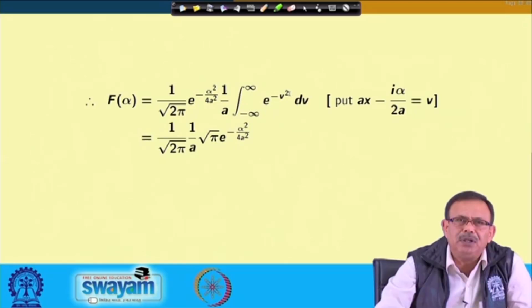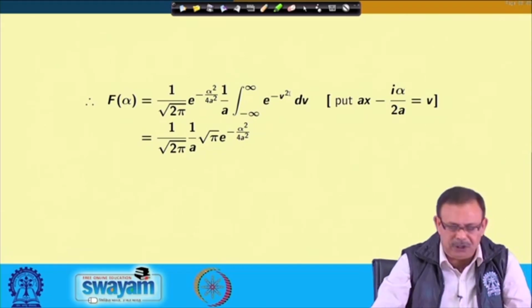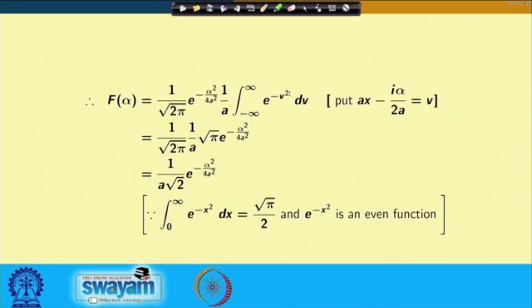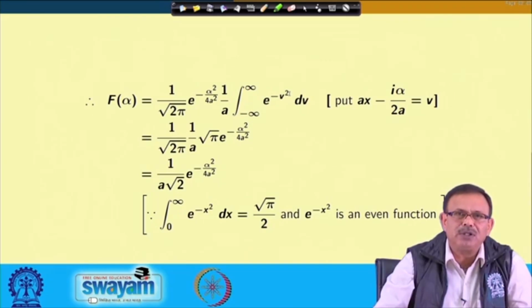And I know, from minus infinity to infinity of e^(-b²) db, since e^(-b²) is an even function, I can write it as 2 into 0 to infinity e^(-x²), and that value is equal to root pi. So, that value we are putting over here. So, root pi by 2, integral 0 to infinity e^(-x²) dx equals root pi by 2, and I am getting this result.